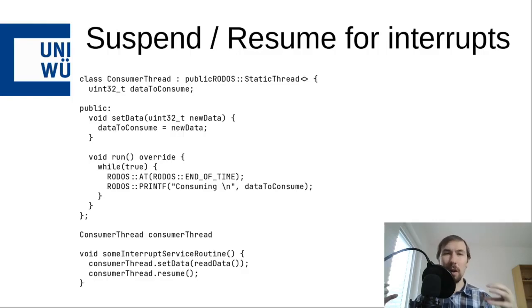That means that all tasks with a higher priority can be executed in the meantime by rodos. If you do the handling all in the interrupt service routine, no other thread is able to run. So keep in mind, keep interrupt service routines very short and better delegate to an own thread that you can manage with the timings and with the priority.